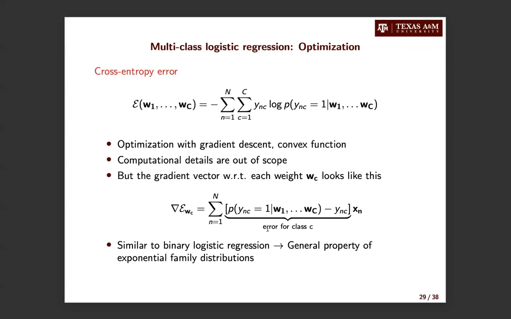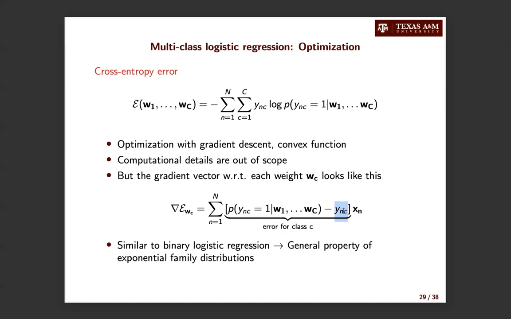So essentially, the gradient for weight WC is proportional to each of the training samples xn multiplied by this error difference. And this difference represents the probability of our sample n belonging to class C as computed by the current form of our logistic regression classifier, minus the actual label of our sample n with respect to class C.